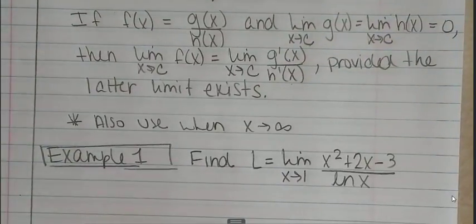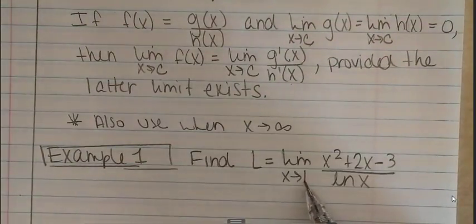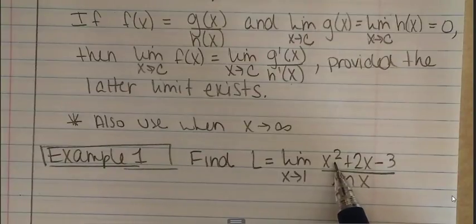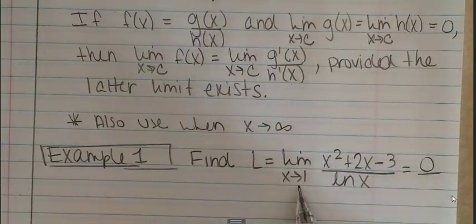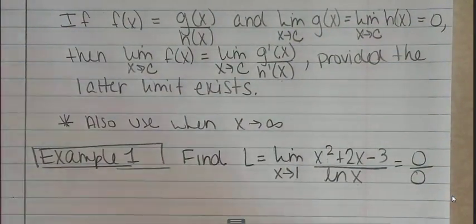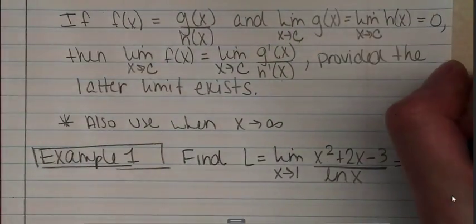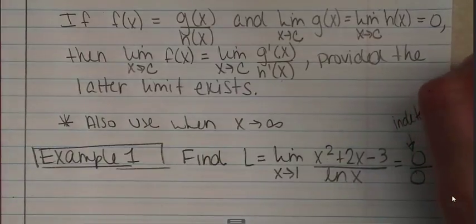So the first thing I want to do is see if I can actually evaluate this. So I plug 1 in. I get 1 plus 2, so that's 3 minus 3. So I end up with 0 in the numerator. And then the ln of 1 is also 0. So I end up with an indeterminate form, right? This right here is one of our indeterminate forms.